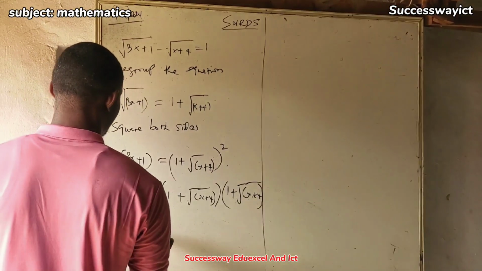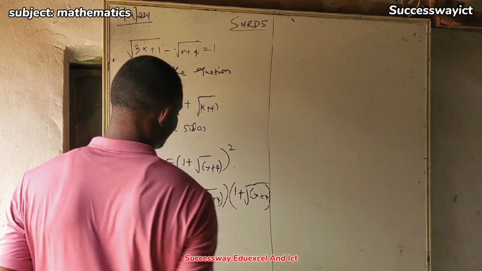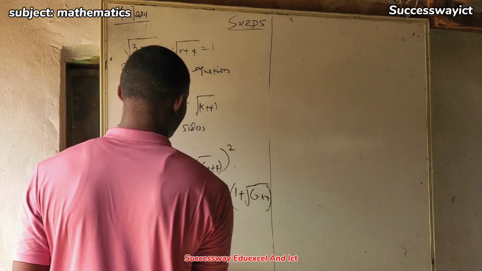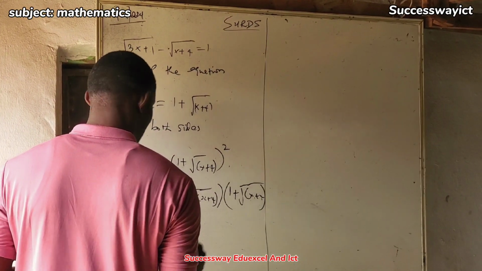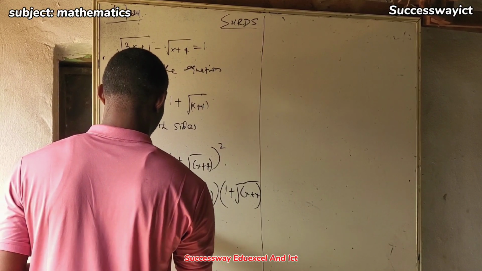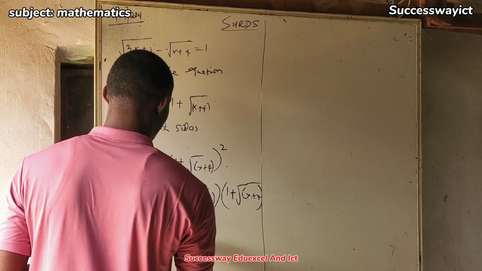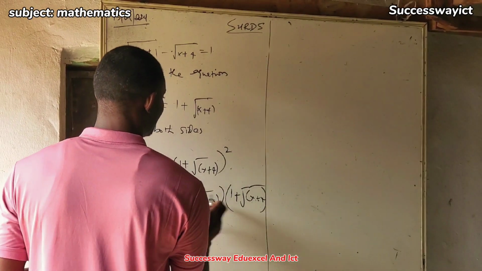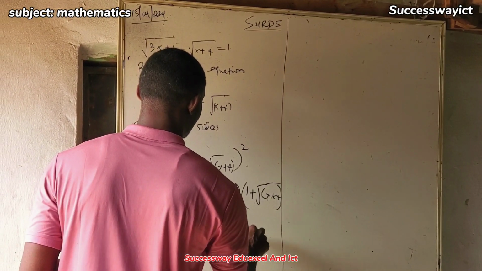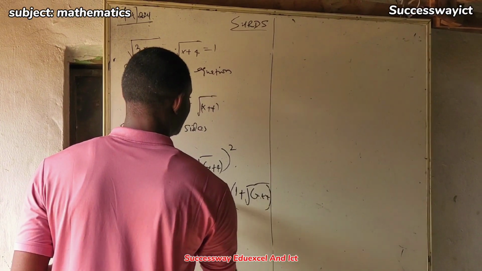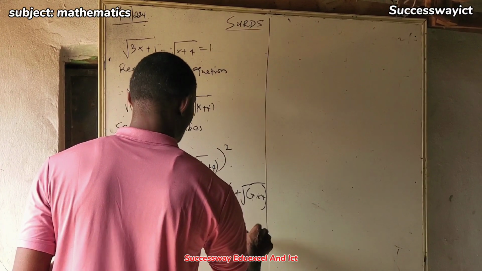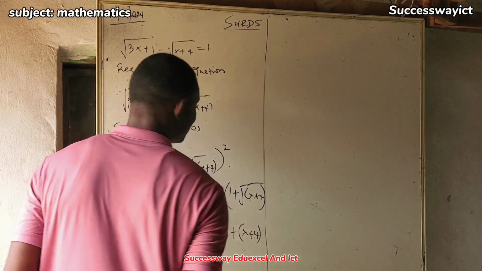3x plus 1 is equal to 1 times 1, which is 1, plus 1 times square root of x plus 4, then square root of x plus 4 times 1, then this times this, plus x plus 4.